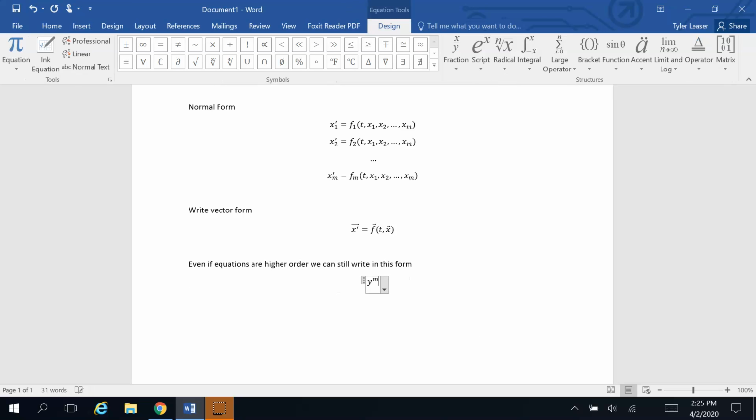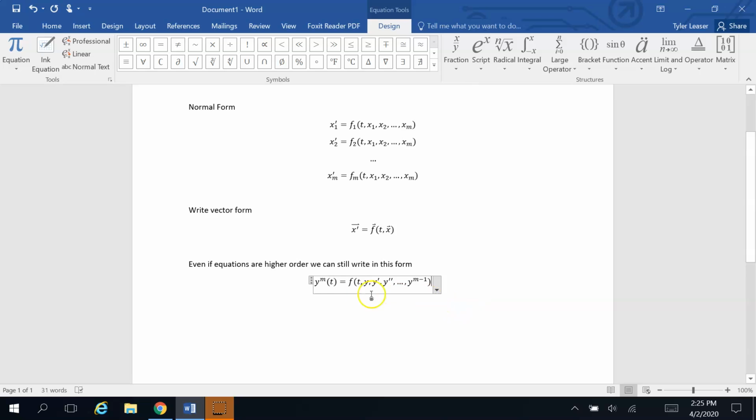So let's say we had the mth derivative of y, of the variable t, and that we solved this for the independent variable, the function itself, the first derivative, the second derivative, all the way down to the m minus 1 derivative.